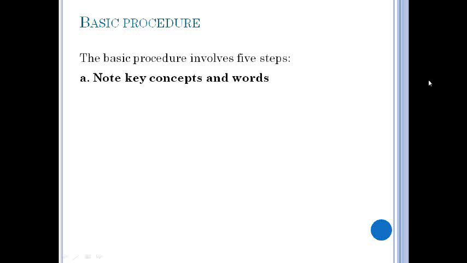Now, there are a variety of ways of doing this, but the simplest is probably based on a systematic, repeated reading of the book or letter we're looking at. And as we do that, to pay attention to the key concepts and words that we come across.